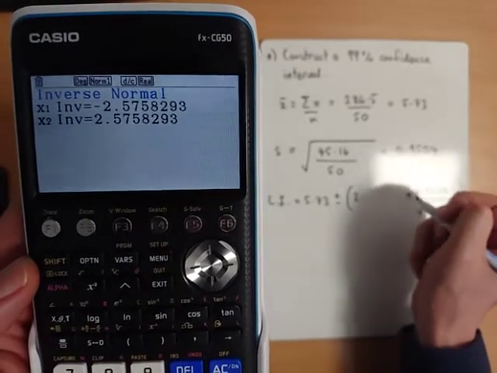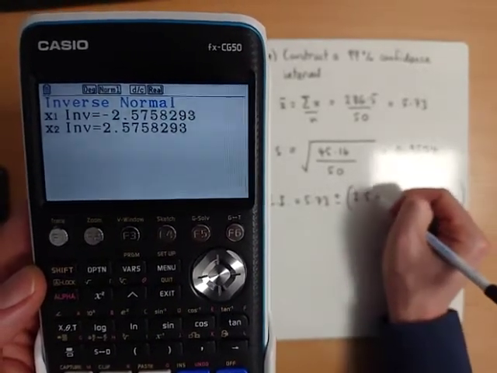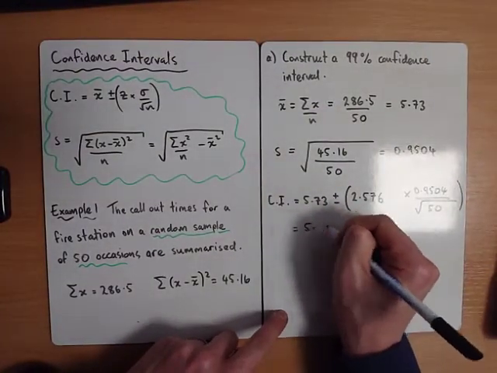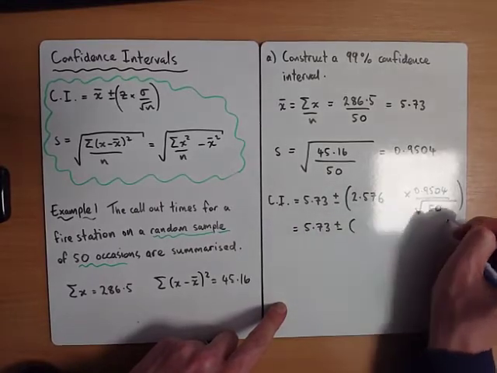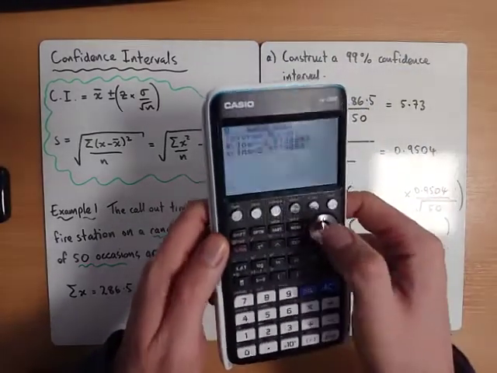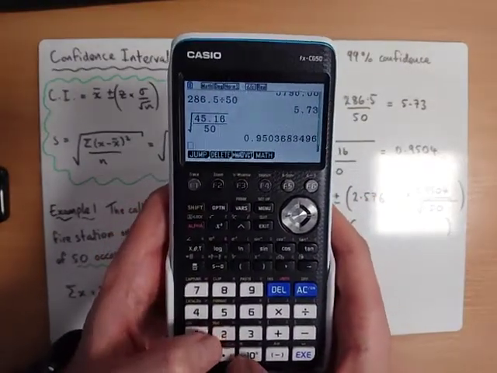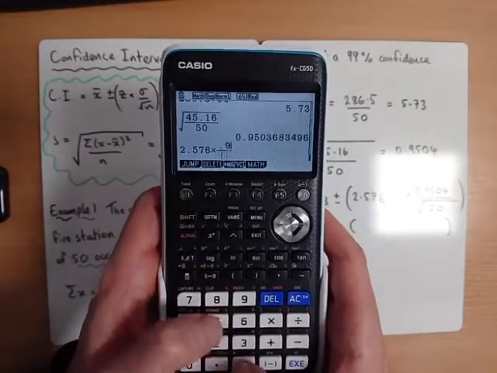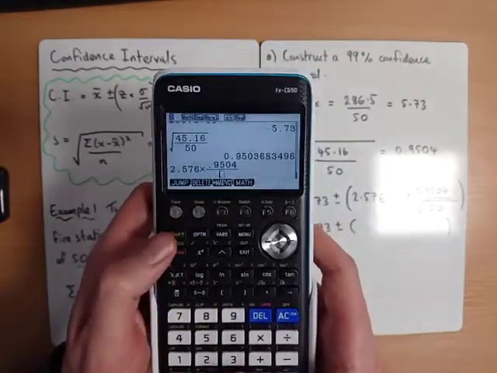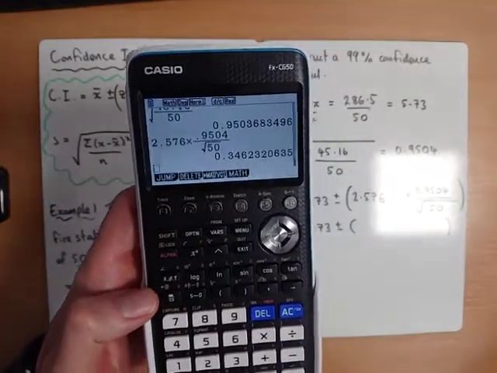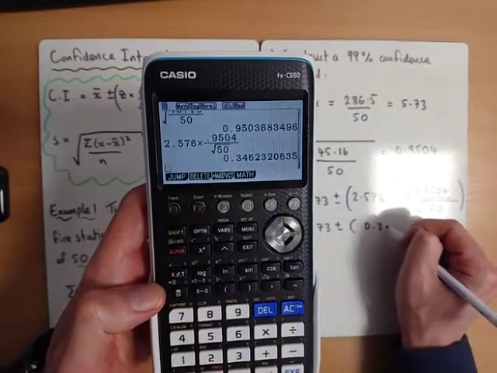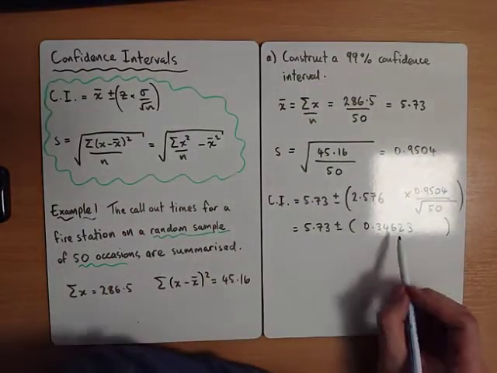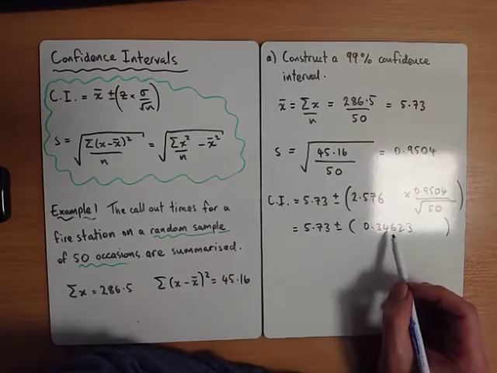And we get 2.576. Now let's tally this up to see what our interval is. The amount that we're going to have to add on and subtract is 0.34623.